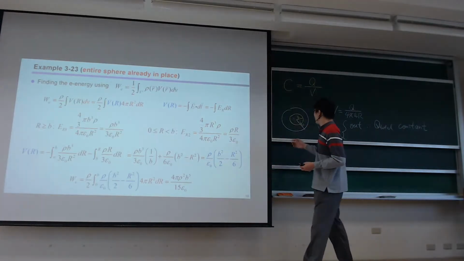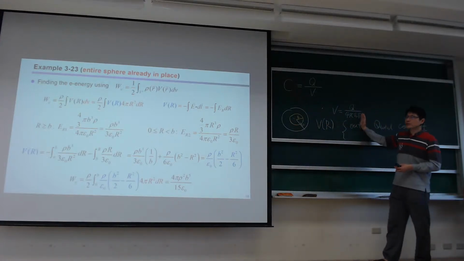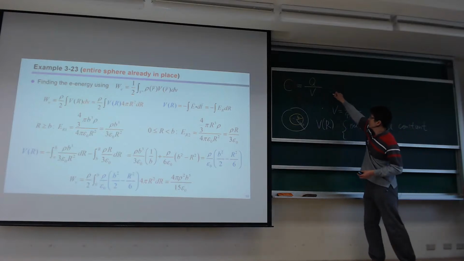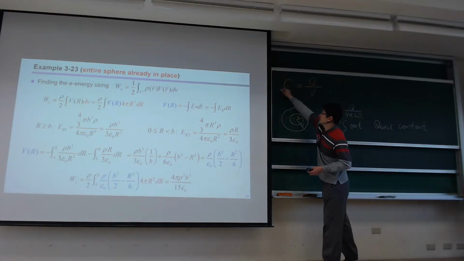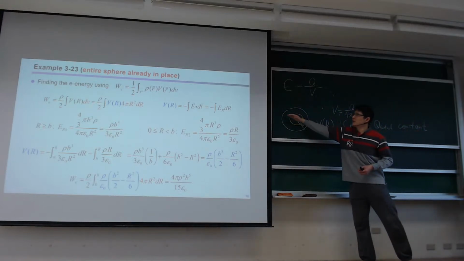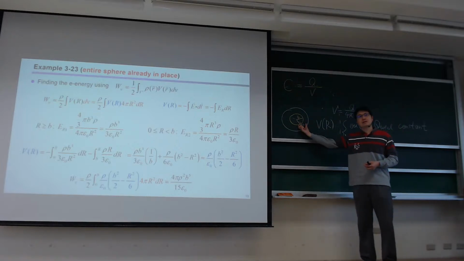Right? So let me repeat. For this simple case, when you're outside, no matter how far away, no matter how big your Gaussian surface is, once you're outside, the total amount of charge enclosed by this Gaussian surface is a constant.